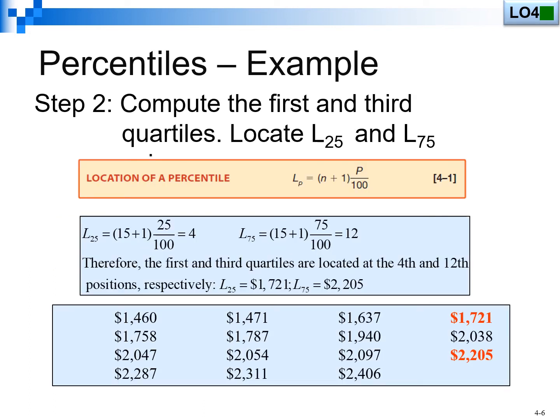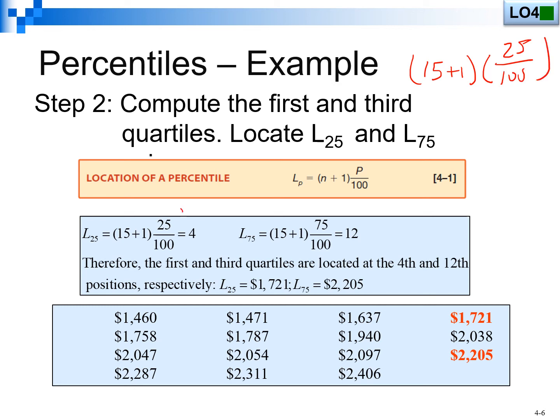Okay, if you wanted to find what they call the first quartile, I'll label this as quartile 1. That's also known as the 25th percentile. In this case, n is equal to 15. So you take 15 plus 1, and then multiply that by 25 over 100.